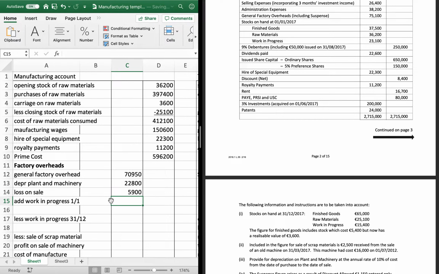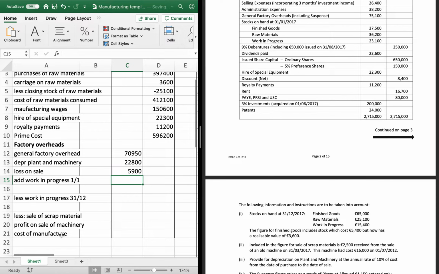Just, if that was a profit on the sale of machinery, it would come down here and you would actually take it away because it would reduce your overall expenses of doing business. Remember, everything really here is added on except your closing stocks and anything that would be another operating income with your factory gets taken away, because all of this is to find out one figure, your equivalent of purchases in the trading profit and loss account.